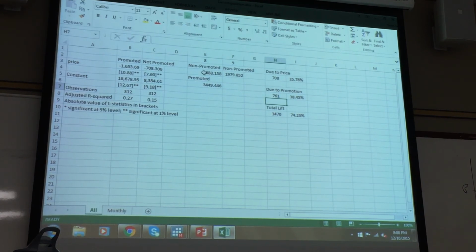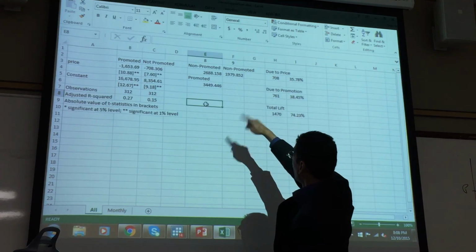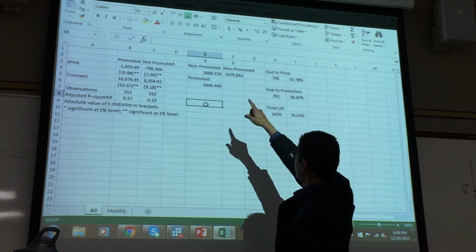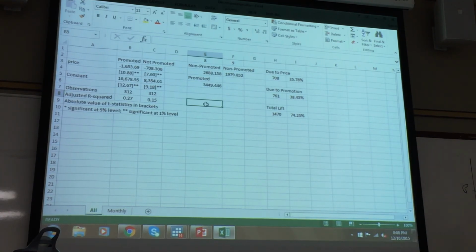So let's start with this. I just made this little table. Column E is the promoted price, and then column F is the non-promoted price.